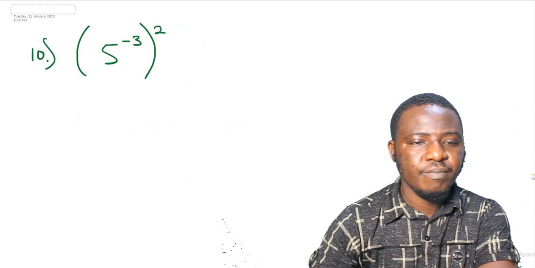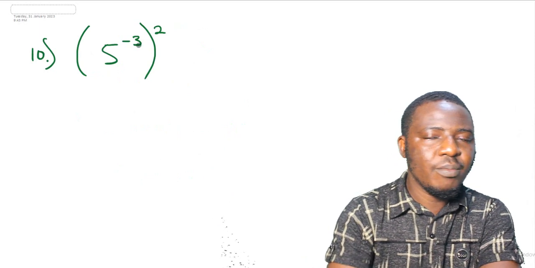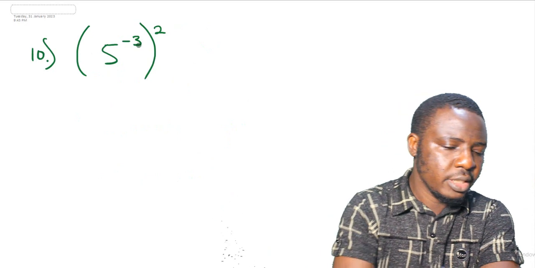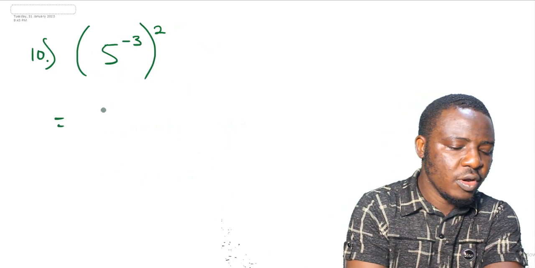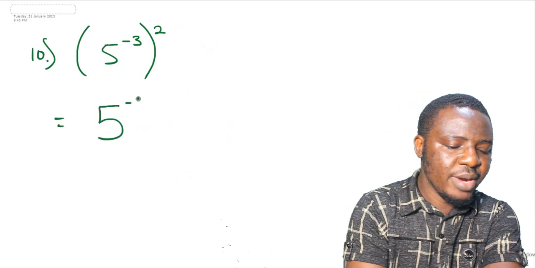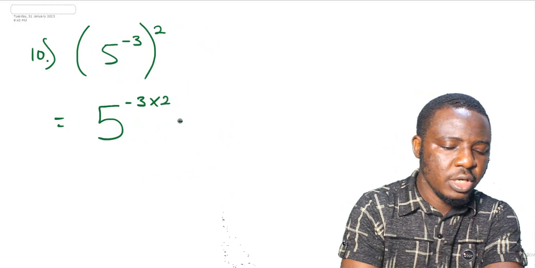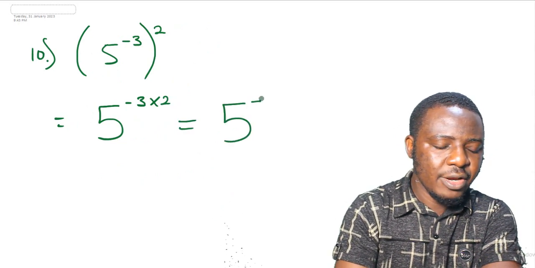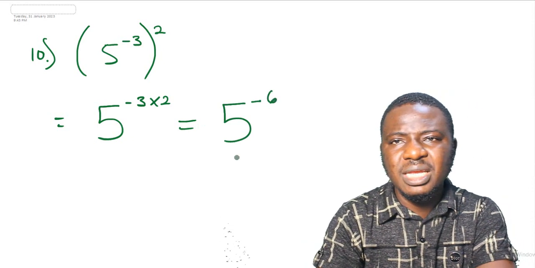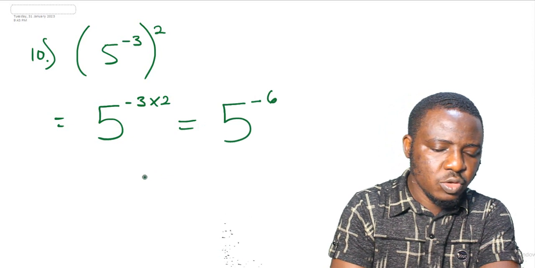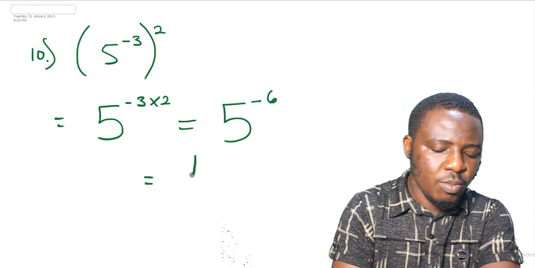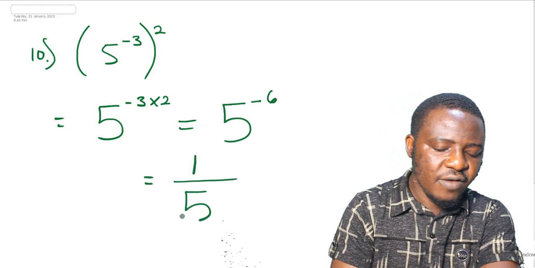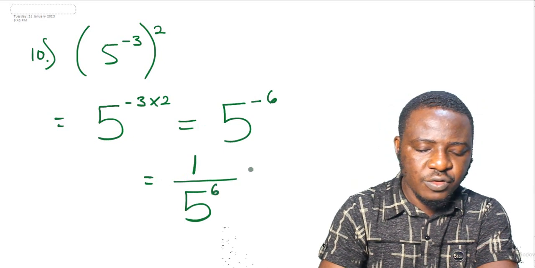Question 10. 5 raised to the power of minus 3, all squared. This is equal to 5 raised to the power of minus 3 times 2, which gives us 5 raised to the power of minus 6. But this is a negative power law, so this becomes 1 over 5 raised to the power of 6.